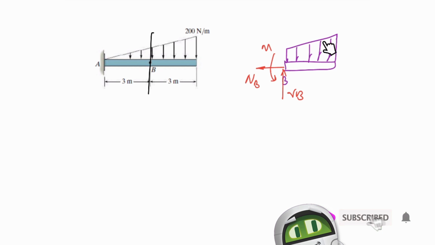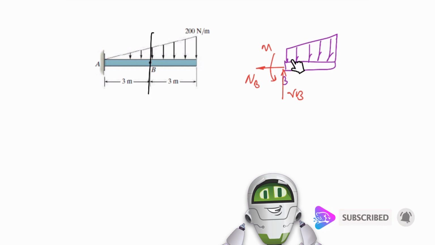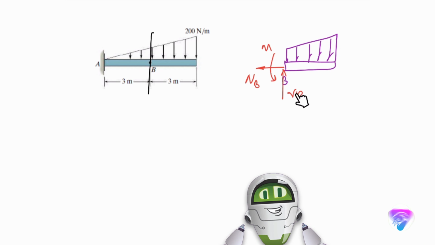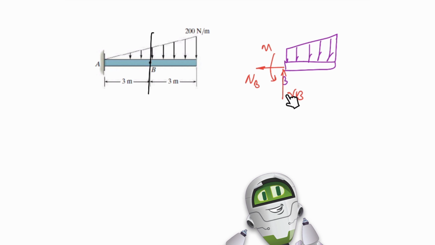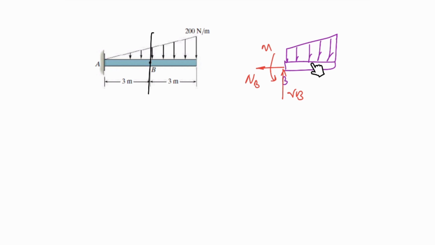All of these forces are pushing down this part of the structure. Then we need to have a force to prevent this motion. Then VB should be upward. And if you take the moment around this point, these forces are going through that point and making no moment around that point.